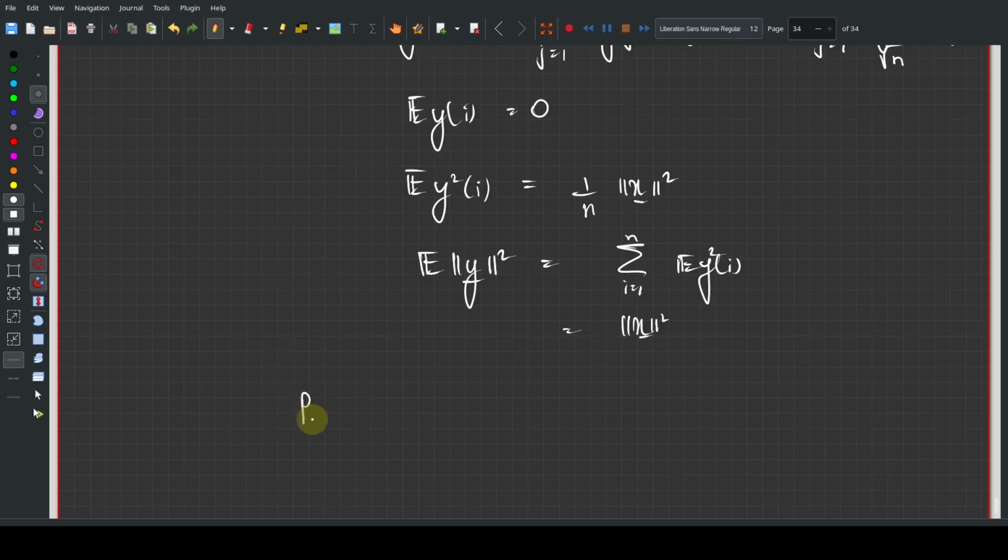So what is the probability that norm y squared is... I can ask the following question. I know that on average, the norm squared of y is equal to the norm squared of x. And again, this is a function of sums of independent Gaussian random variables. So I can ask the question, what is the probability that it lies within an epsilon of the norm squared?